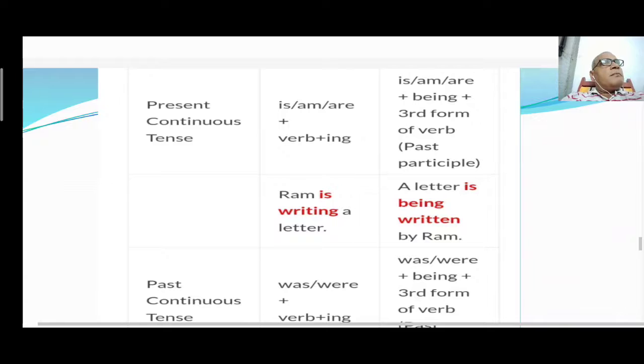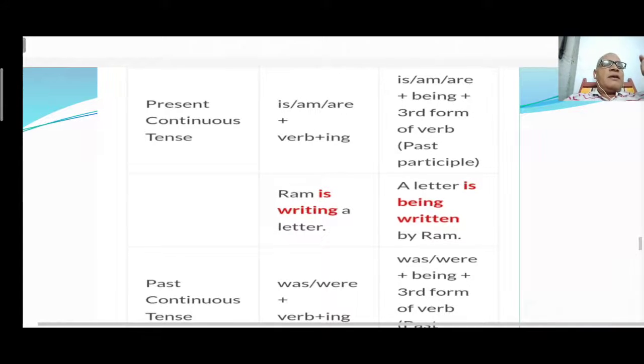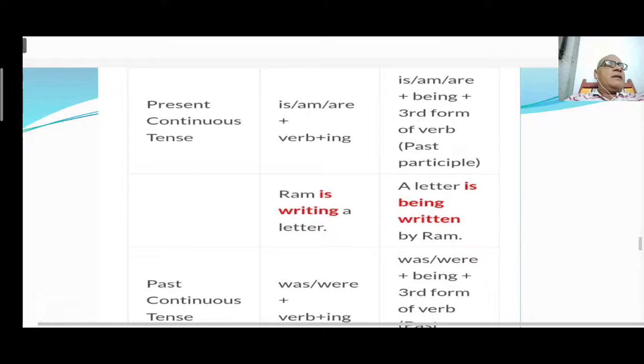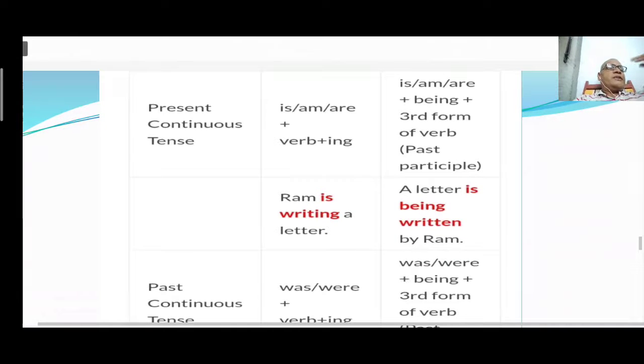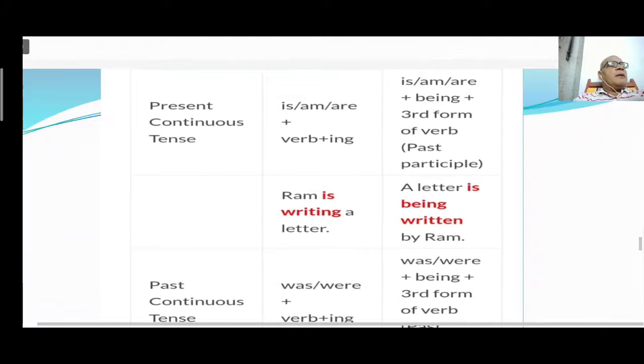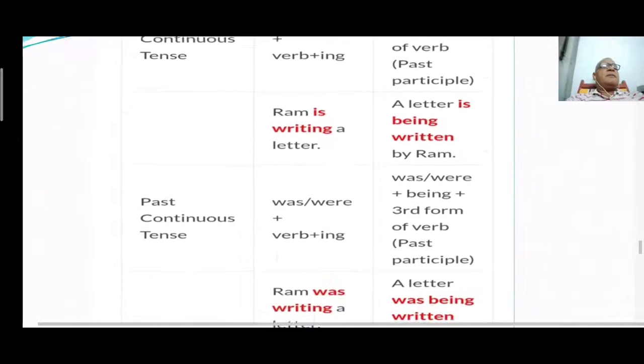Then verb 3 plus preposition plus subject. So the good example is Rama is writing a letter. Rama is writing letters. So how can we change it into passive voice? A letter is being written by Rama. Letters are being written by Rama. This is the passive voice.